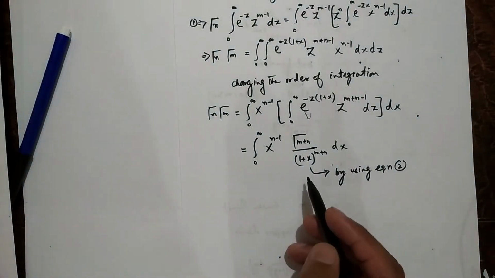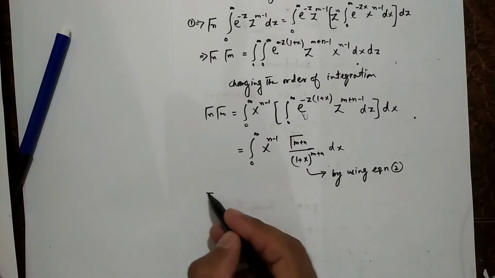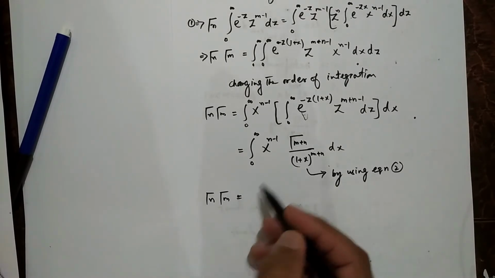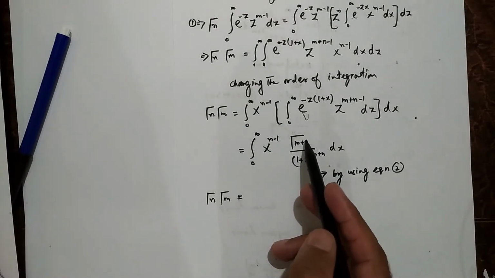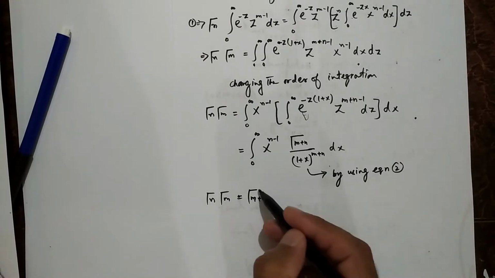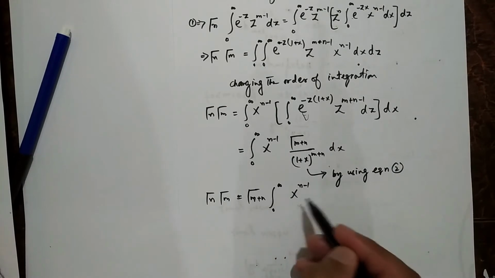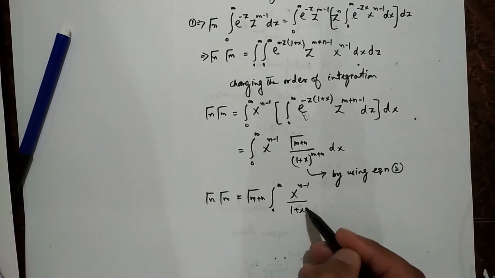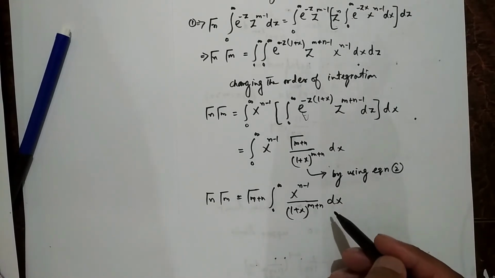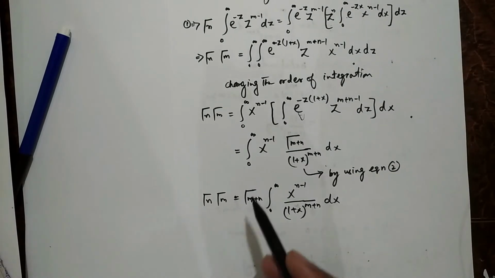So this integral now becomes in the form which is gamma n gamma m is equal to, take this gamma m plus n out of the integral, gamma m plus n into integral from 0 to infinity x to the power n minus 1 upon 1 plus x whole to the power m plus n into dx, or bring this gamma m plus n to the left side.